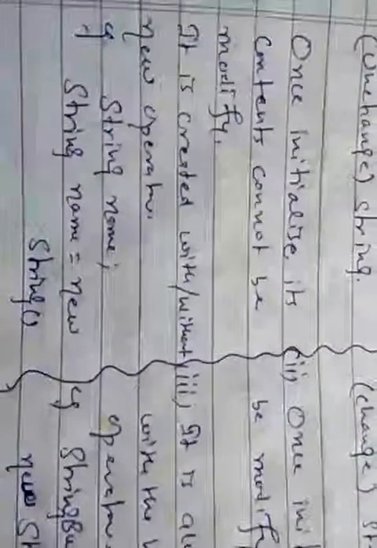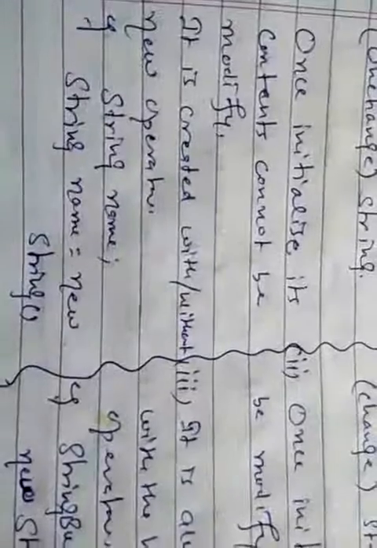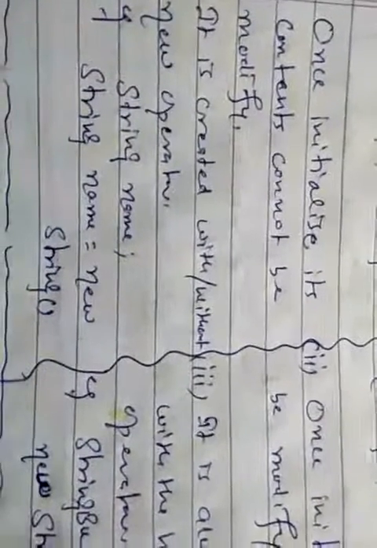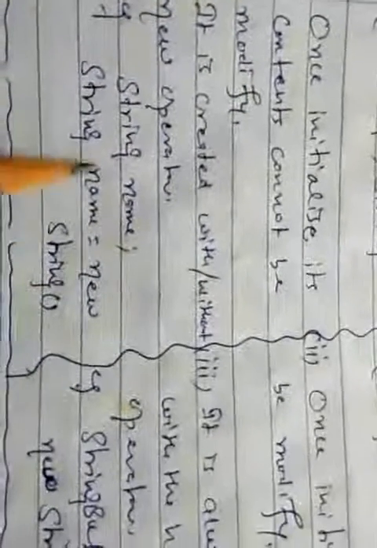A String variable is created with or without the new operator. Example, String name; and String name = new String(), whereas StringBuffer is always created with the help of the new operator. StringBuffer name = new StringBuffer(). So this is the example for that.